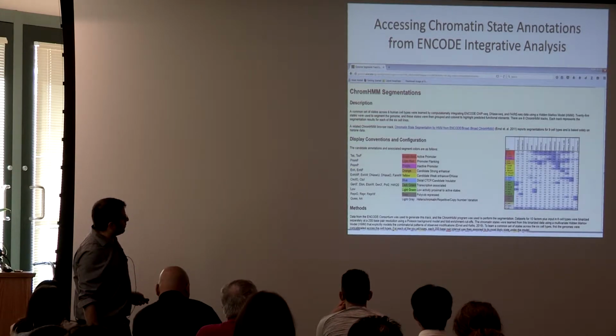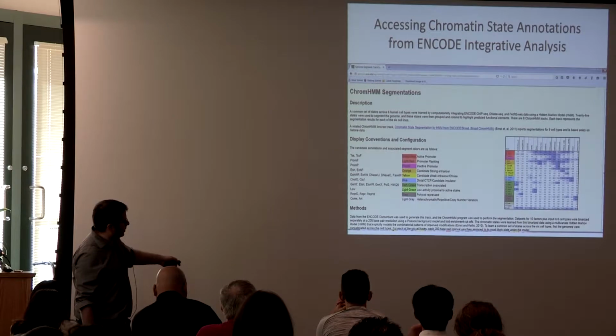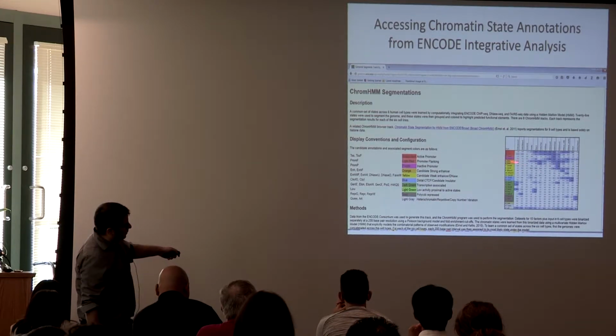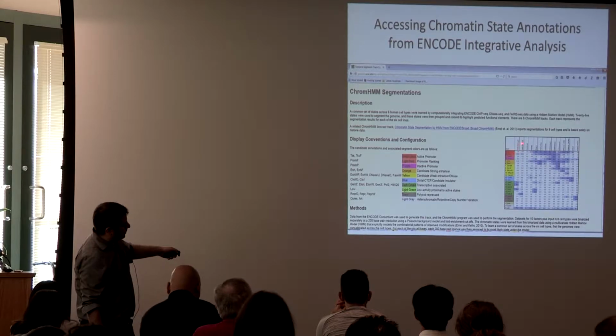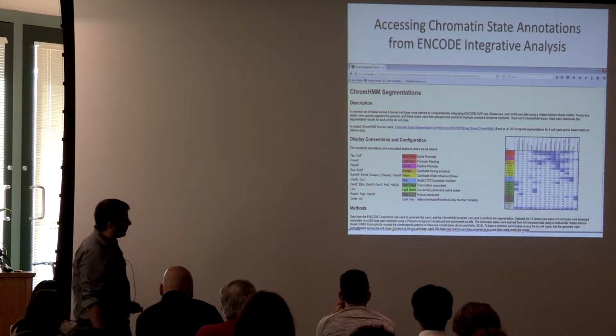And then if you scroll down on that page, similar to before, you're going to see the different rows correspond to the different states, and here are the different marks of the emission parameters. I've pasted that in here, and these are the different characterizations of these states.